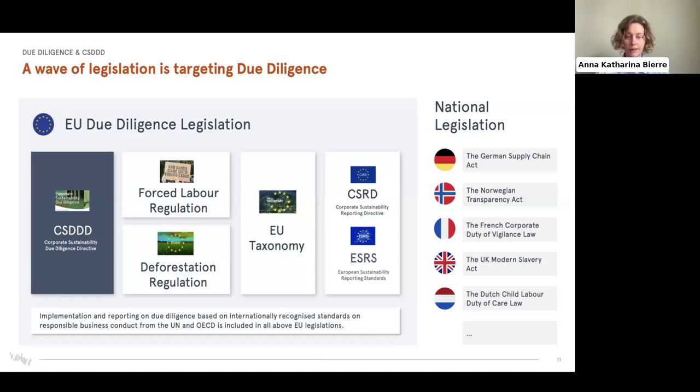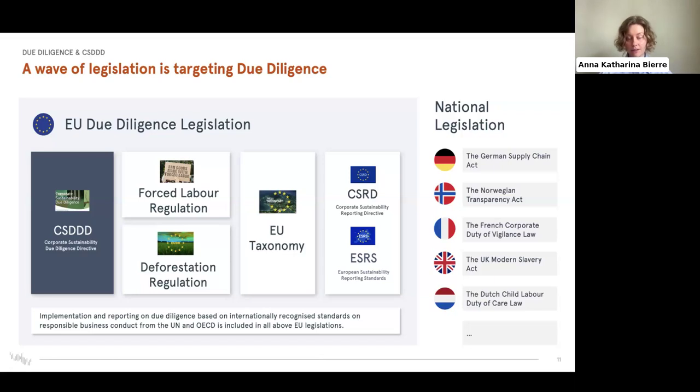It's, for instance, the German Supply Chain Act, the Dutch Child Labor Duty of Care Law, and so on, just to mention a few. It's also, of course, difficult to talk about this without mentioning Omnibus, because Omnibus also proposed some changes to CSDDD, but it's important to also say here that the proposed changes primarily focus on the reporting requirements, so those requirements that fall under the CSRD.